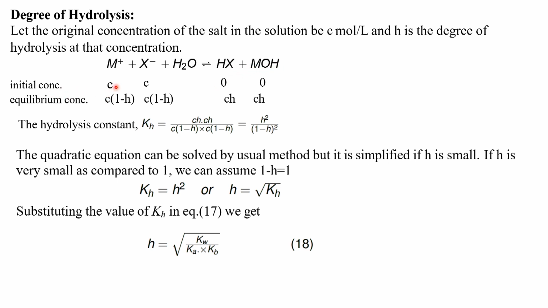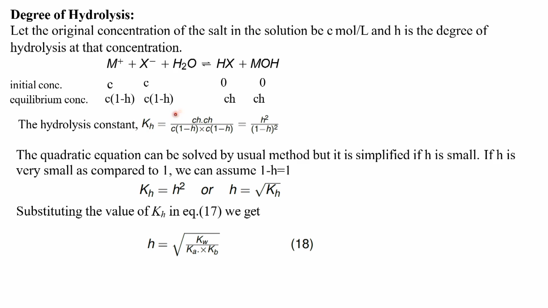Initial concentration of salt is C, so M+ is C, X- is C, water is in excess, HX is 0 and MOH is 0. At equilibrium, because we have used C moles per liter, we multiply C by 1 minus h, because h is the degree of hydrolysis, and concentration of X- is also C times 1 minus h, HX is Ch and MOH is Ch.